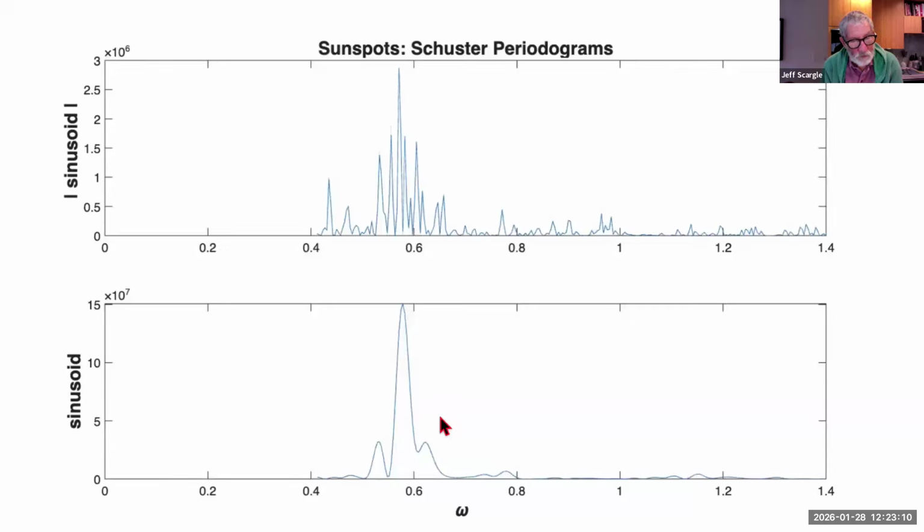And what about the beat frequency between those two? Well, I worked it out, and it's fairly long, and it's comparable to the time scales of the so-called minima, the Maunder minimum, and there's some other, I forget the name of it, another minimum. And so, roughly speaking, that's a great idea.